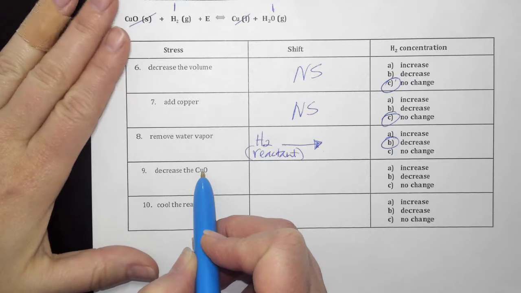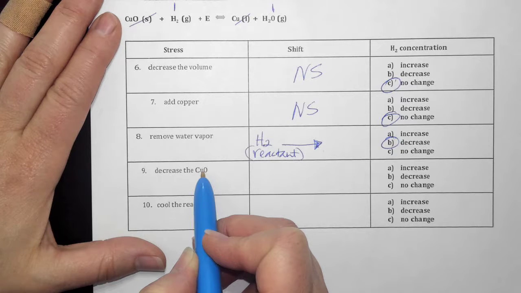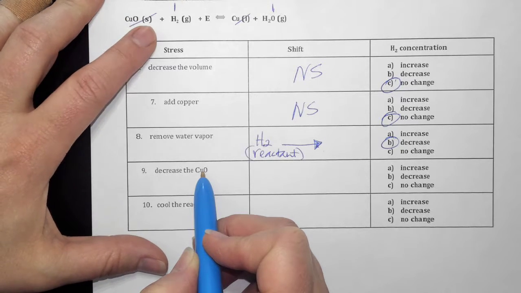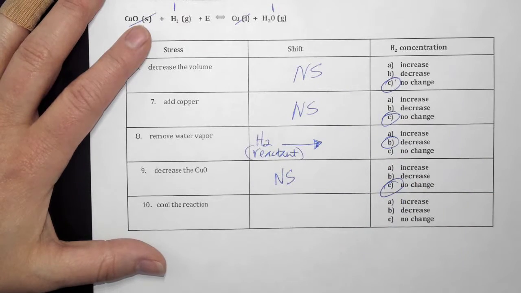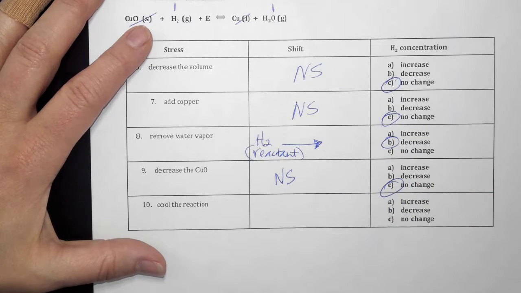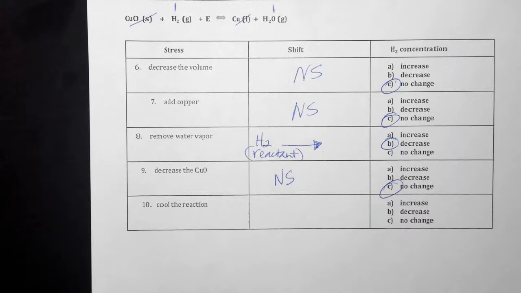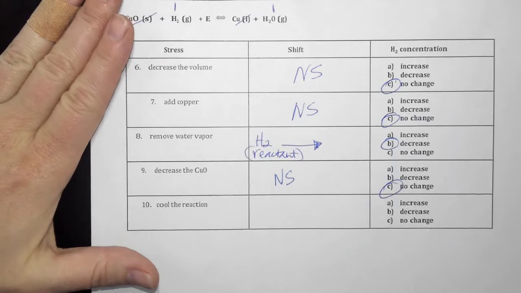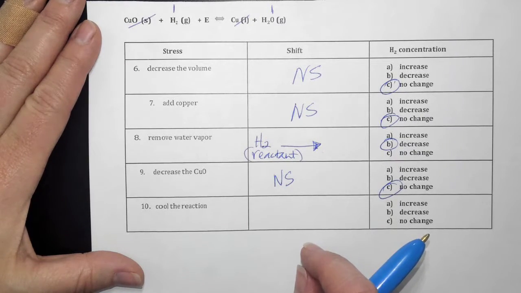Okay. What if I decrease the concentration of CuO? Jarrett, what will happen? No shift. Why is it no shift? Because it's a solid. All right. No shift. It's not in the equilibrium expression. It is out of the equation. And if I cool the reaction, all right, Carson, which side's energy on?